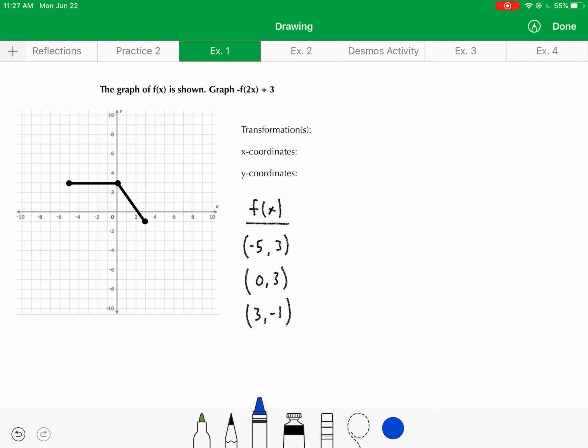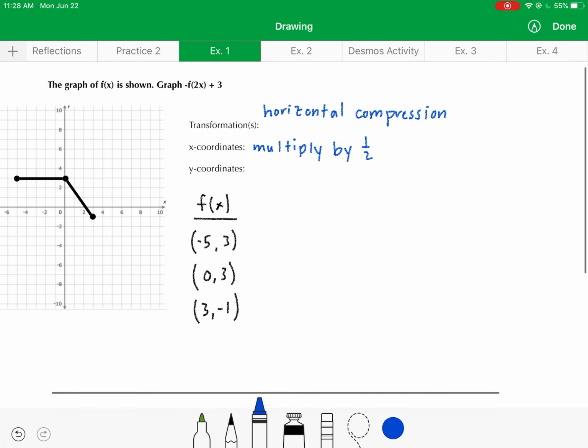So anytime we're inside the function, we've learned we're having an effect on the x coordinates, and it's the opposite of what it appears. So I'm going to say that my x coordinates are being multiplied by 1/2. Okay, and we've learned that that is going to give us a horizontal compressing effect. So I'm going to say the transformation taking place is a horizontal compression by a factor of 1/2.